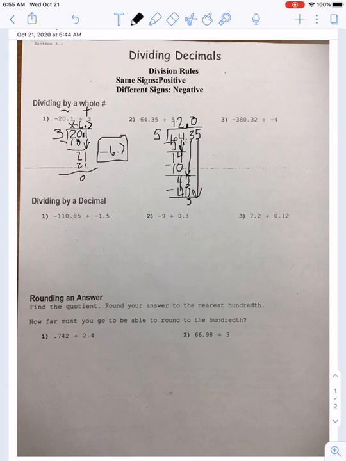Then we bring down the 5. 5 can go into 35 7 times, which then gives us a remainder of 0. We have a positive divided by a positive, so our answer is just going to be positive 12.87.